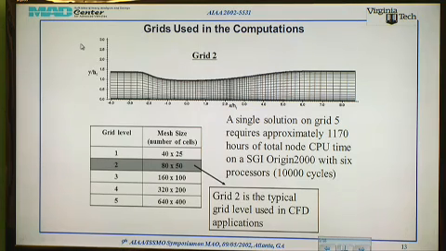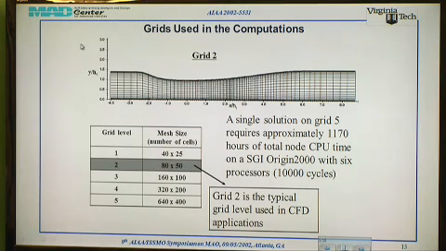What is relevant is what you see here. That is, we started with a 40 by 25 grid that has 1,000 cells, and we ended up with 640 times 400 that has about 250,000 cells, so actually not nodes.